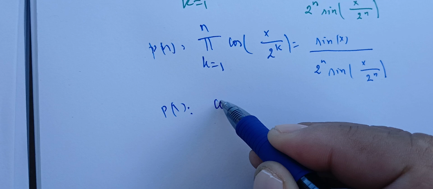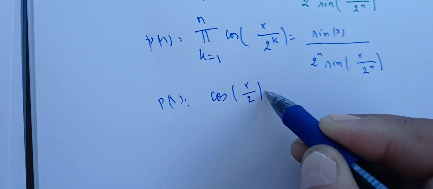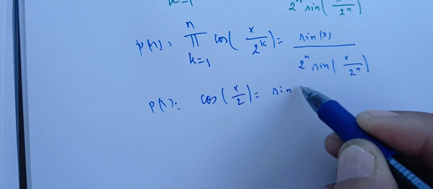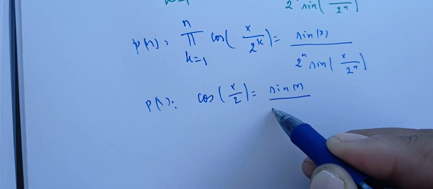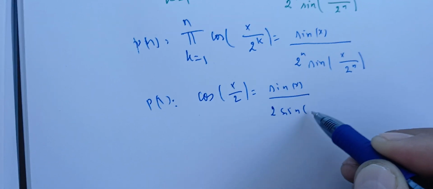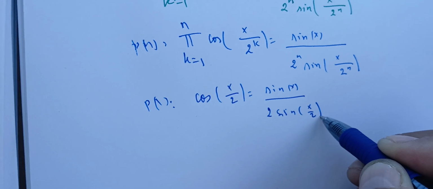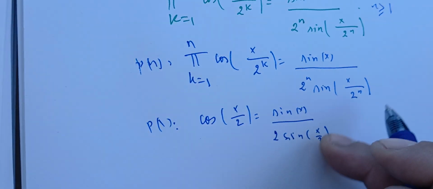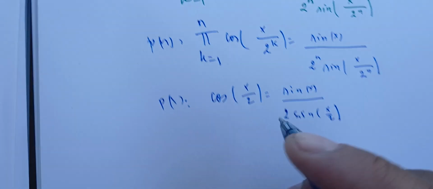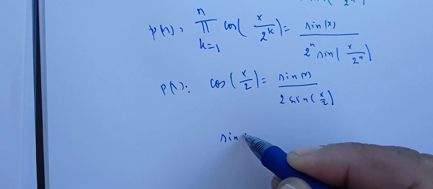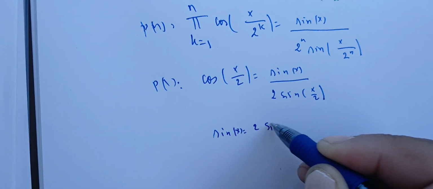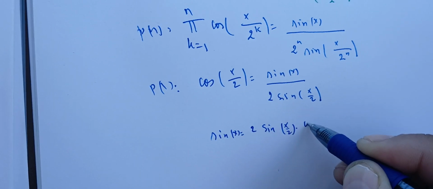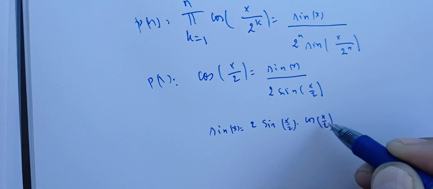So P of 1 is what? It's just the cosine of x over 2 equal to sine of x over 2 sine of x over 2. So using the half angle formula, we know that sine of x is 2 sine of x over 2 times cosine of x over 2.